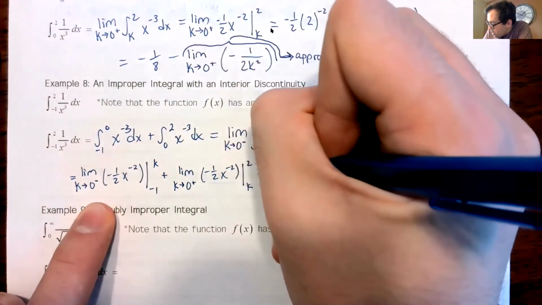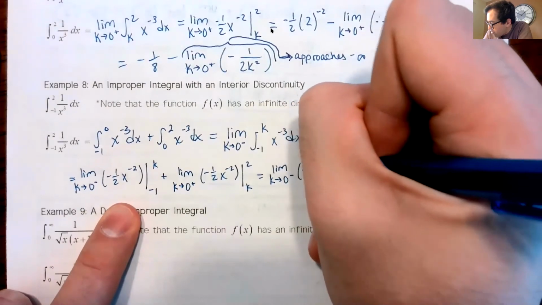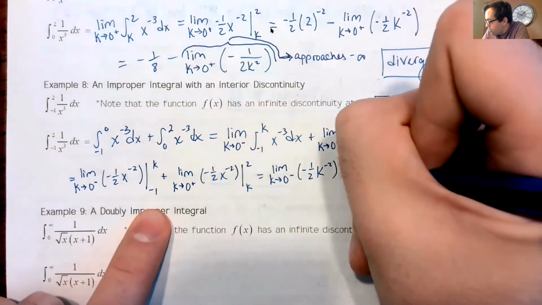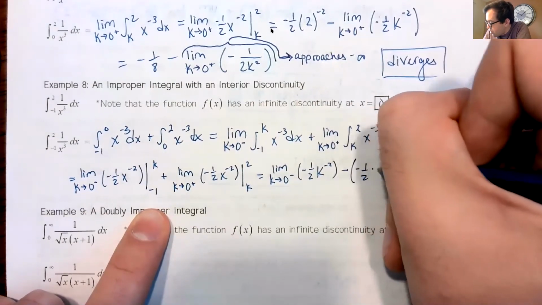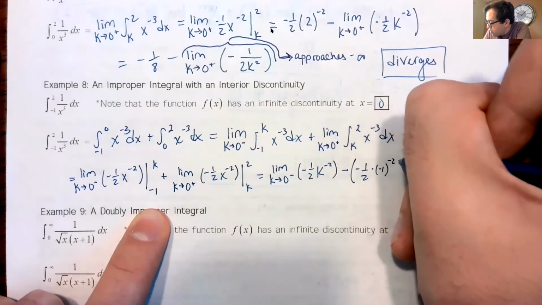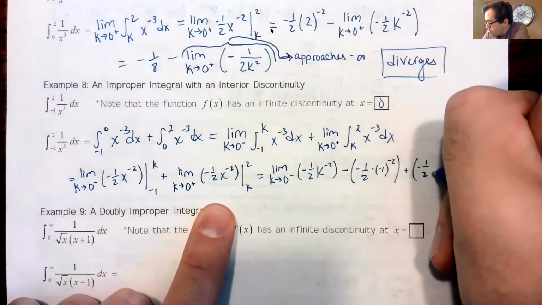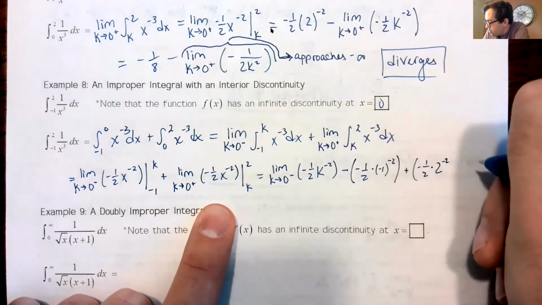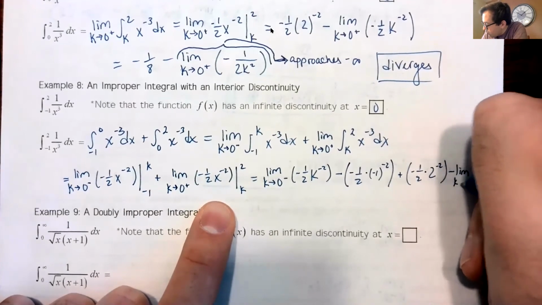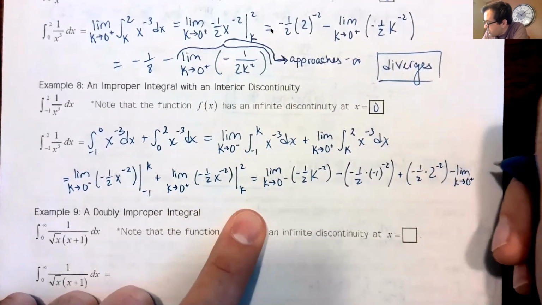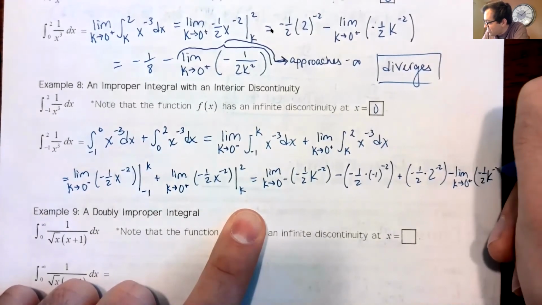So we got the limit as k approaches 0 from the left of -1/2 k to the -2 minus -1/2 times -1 to the -2 plus -1/2 times 2 to the -2 minus the limit as k approaches 0 from the right of -1/2 k to the -2.